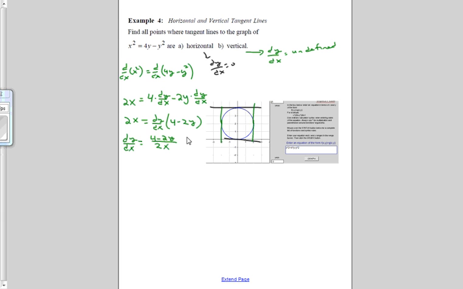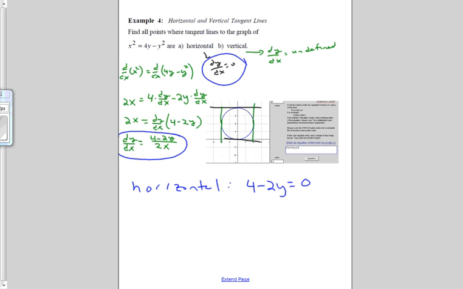So now taking our equation that we found, it's going to be horizontal. The only way it can be horizontal is if the numerator equals 0, because the only way that dy/dx can equal 0 is if the numerator equals 0. So we want to know, when does 4 minus 2y equal 0? Well, that's going to happen when y equals 2. So where does that happen on our circle here?